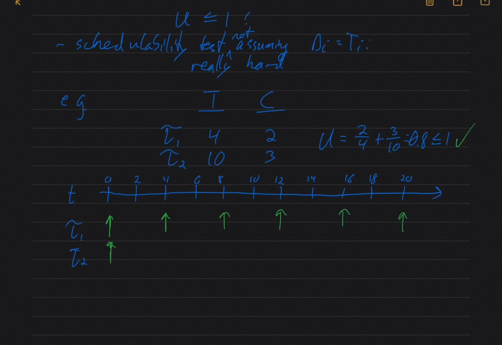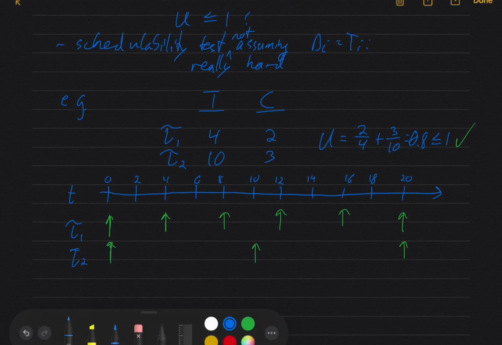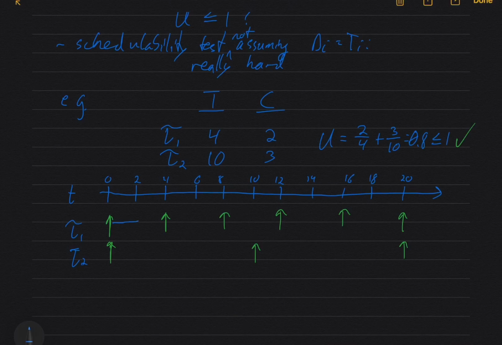Task 2 is released at time 0, 10, and 20. So let's look at what happens at time 0 to start. So task 1 has the earlier deadline. You can see by looking at the green arrows there. So it's going to run for 2 time units.